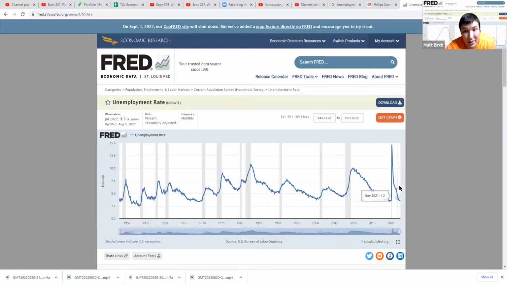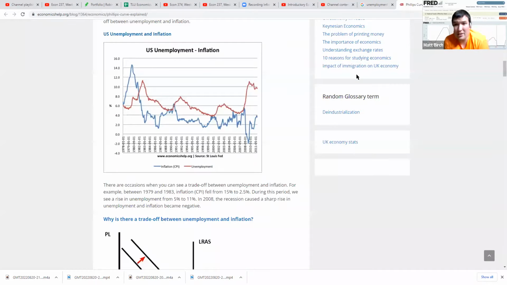Okay. Right now, the unemployment rate is still very low at 3.5%, which is a historical low. Okay. Bigger numbers over here. And our inflation rate is like 8 or 9% a year. Theirs was like 14. Okay. Their supply shock was much worse than our COVID one.